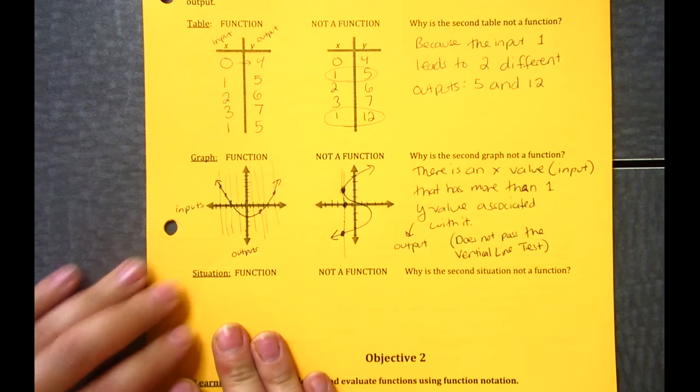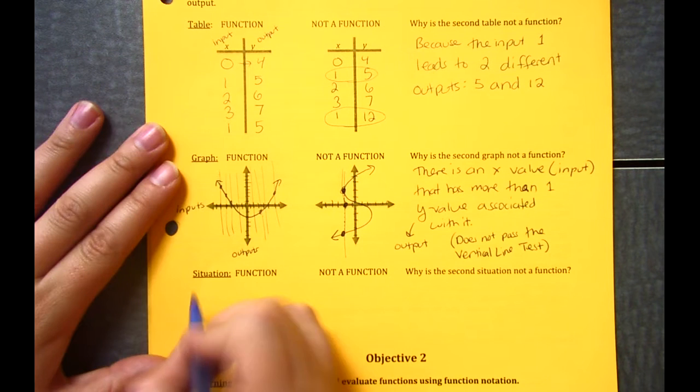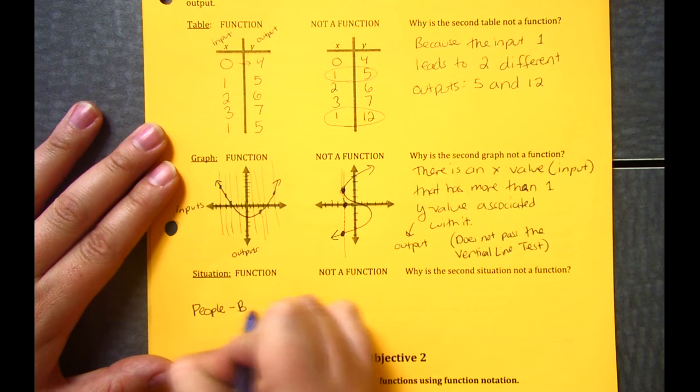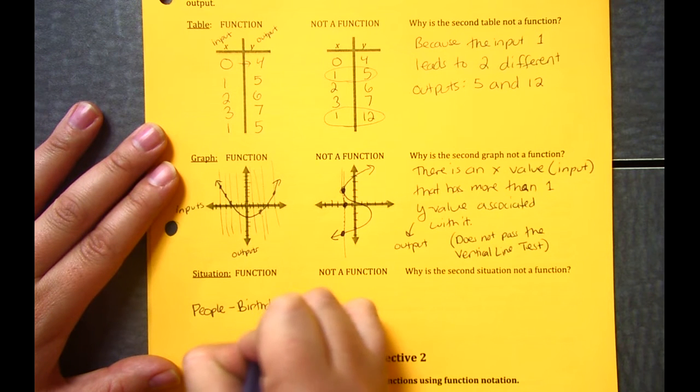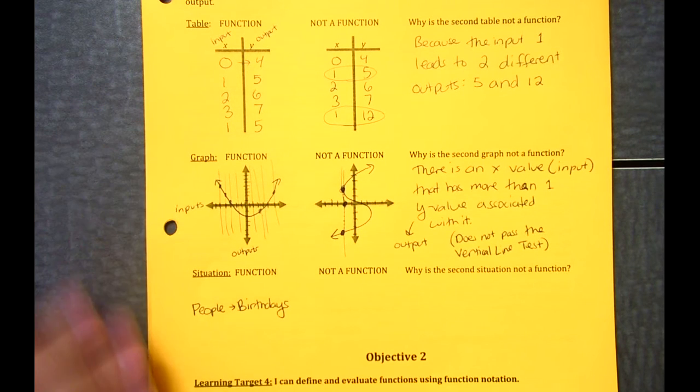Okay? Now, let's think of this in situations in our world. So a function is if we list some sort of element and each of those items in that element have only one thing that goes with it, that's a function. So let's think about people and their birthdays. People is the input. Birthdays is the output.